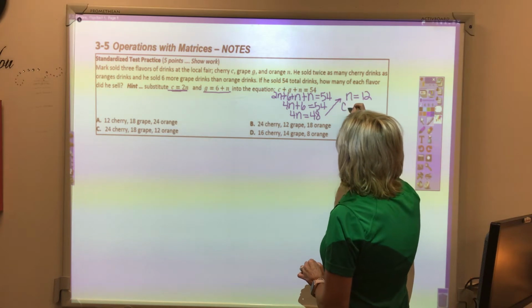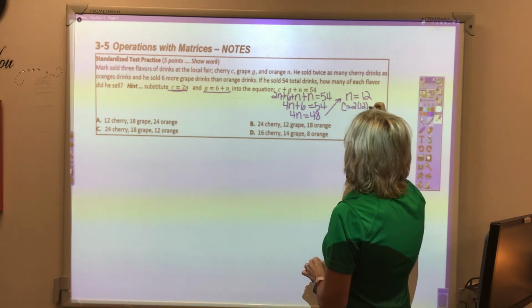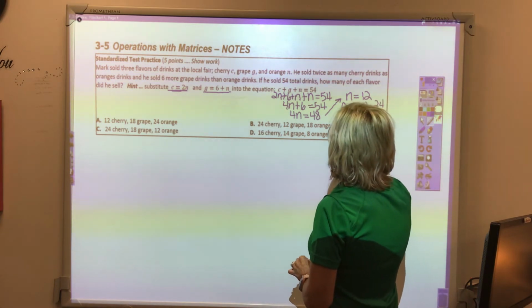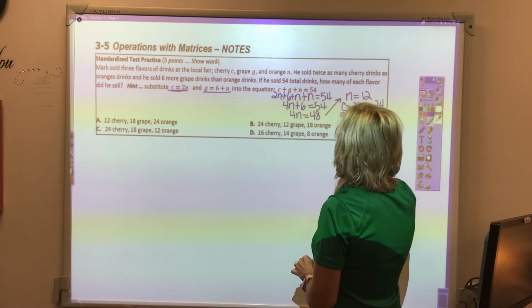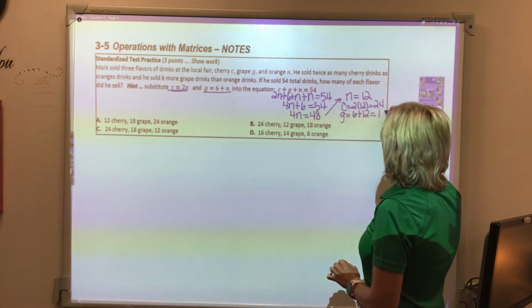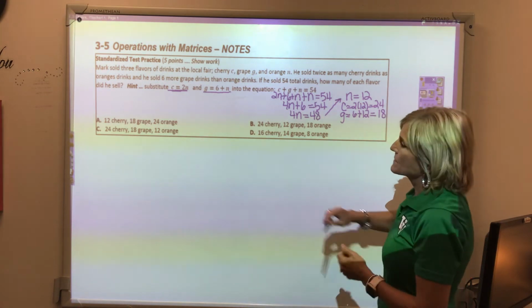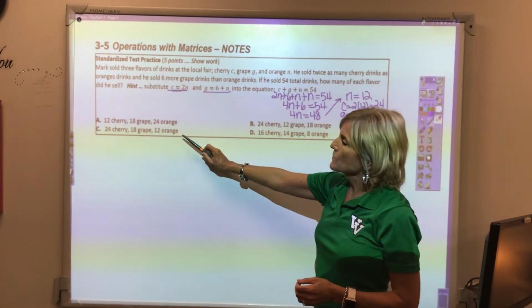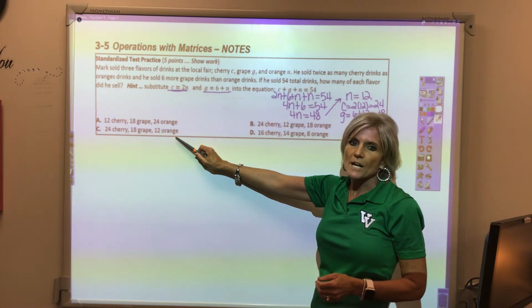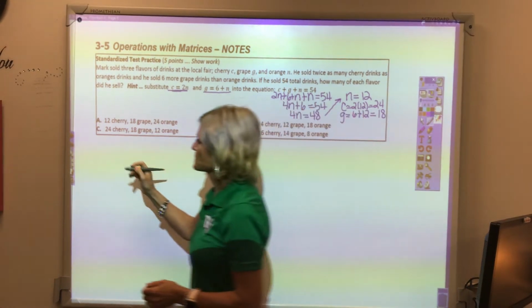So C will equal 2 times 12, or 24, and G will equal 6 plus 12, or 18. So we can see from our answers that the correct answer would be C, 24 cherry, 18 grape, and 12 orange.